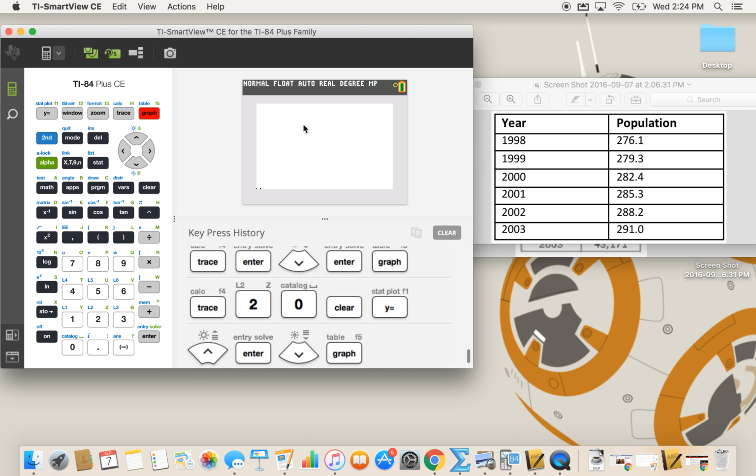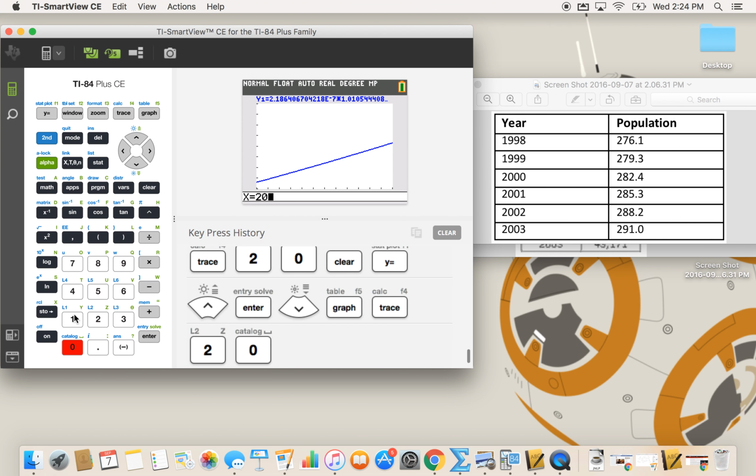So when I graph it here, now if I want to figure out what the population is in 2010, sorry, this is very slow today, I would just press trace 2010. Enter. That allows me to check any x value I want. So it looks like 313.3. That's what it would be following that same pattern. You could check 2008, 2009. You could check 2050 if you wanted to, but you'd have to change your windows.